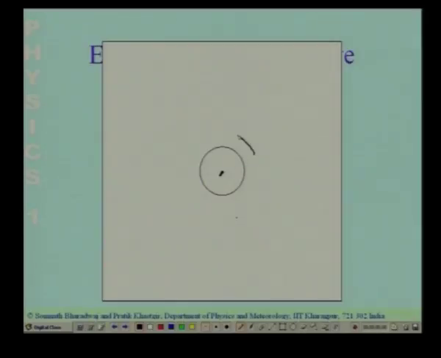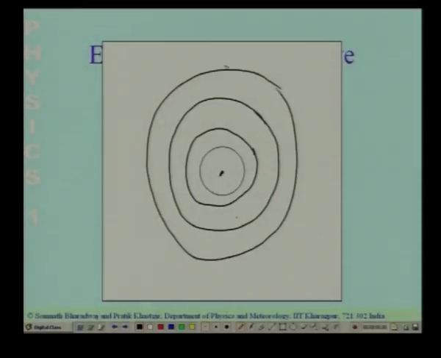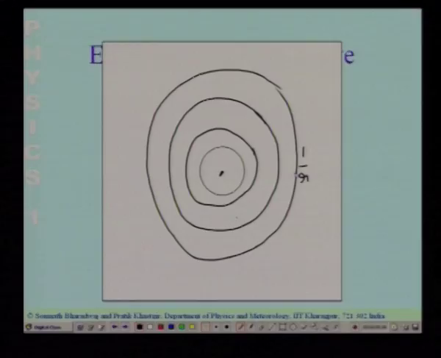As time evolves, the wave would get evolved into larger and larger spheres like this, and the amplitude would fall as 1 by r. Or if you ask how the intensity falls, the intensity goes as the square of the amplitude, so the intensity would fall as 1 by r square. So this is the outward propagating wave.